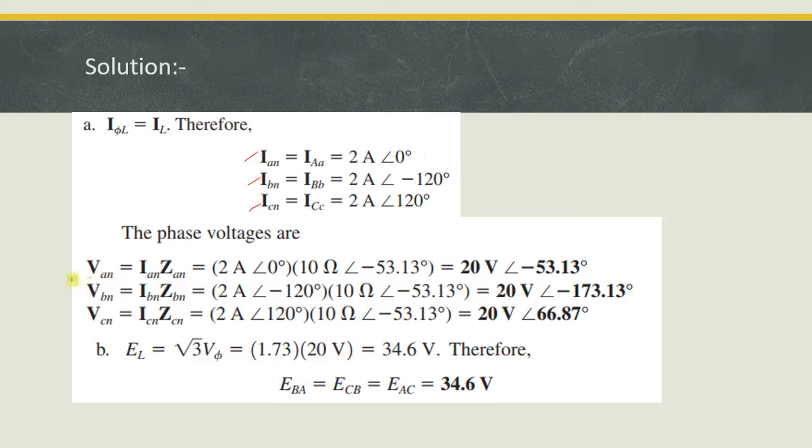Now in order to find the phase voltages, the current is multiplied by the corresponding impedances. Now you multiply, then this is the resultant value of the phase voltages. Now you multiply this value by root 3, then you get the value of the line voltages. So the line voltage is around 34.6 volts. Okay, thank you.